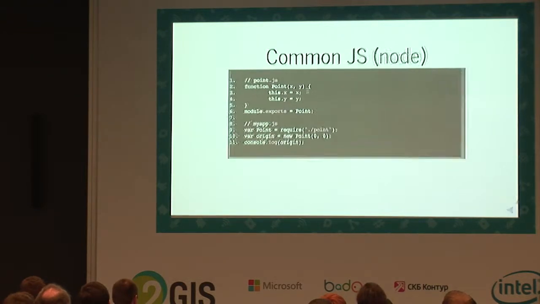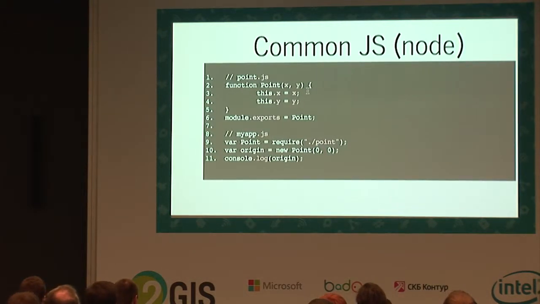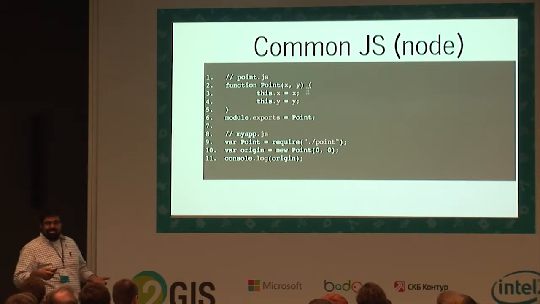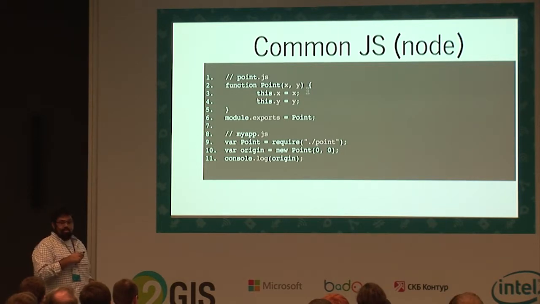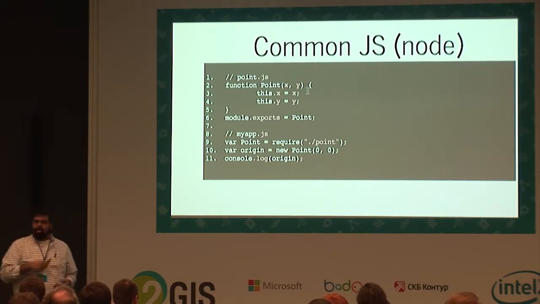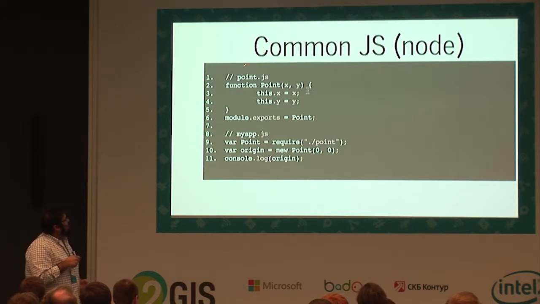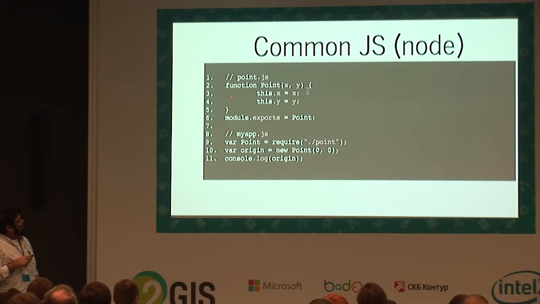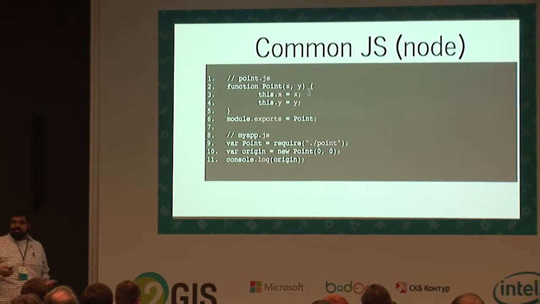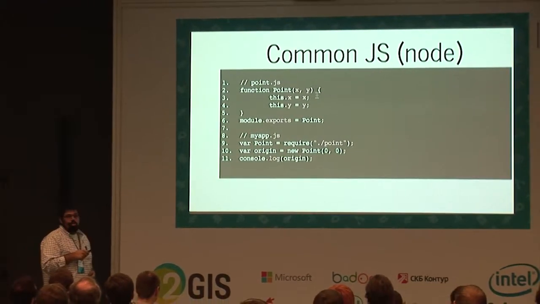The previous example had that special thing called define, and define came from the AMD loader itself. Here, there's no special function that you have to call in order to define a module. You just have to make sure that you have a file name that can then be used somewhere else. In this example, I define a function called point, and I assign this to a special thing within the CommonJS specification called module.exports.